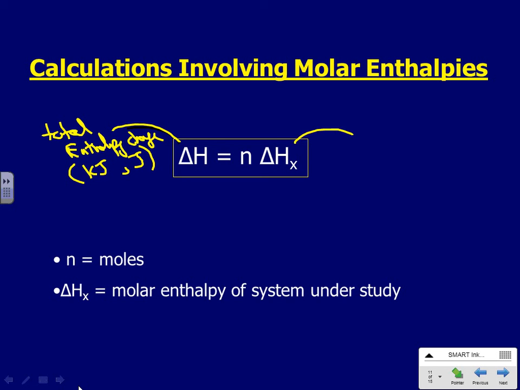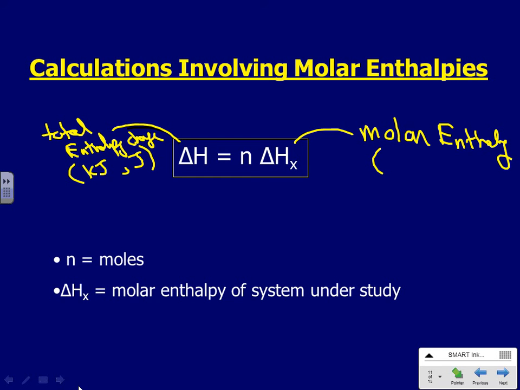This is the molar enthalpy. We don't usually say change because we know we can't deal with just the total enthalpy. Usually we just say molar enthalpy or just total enthalpy. We don't even say change, but it truly is a delta. Molar enthalpy, you tell me what the units have to be.